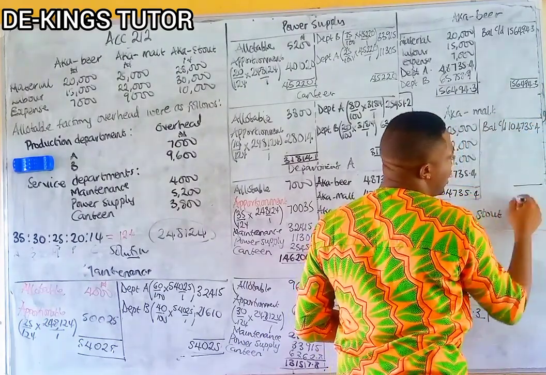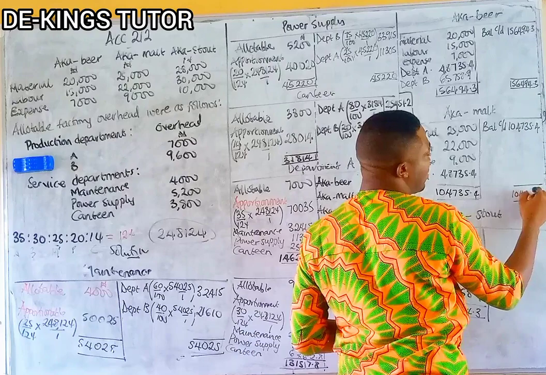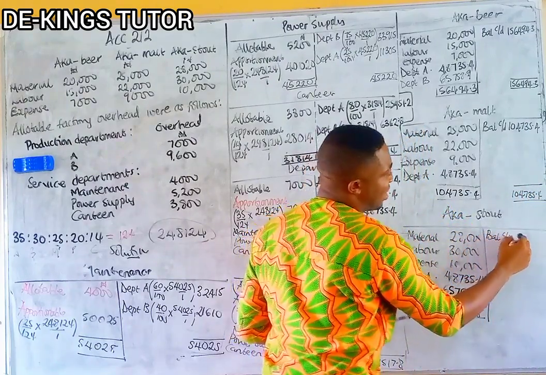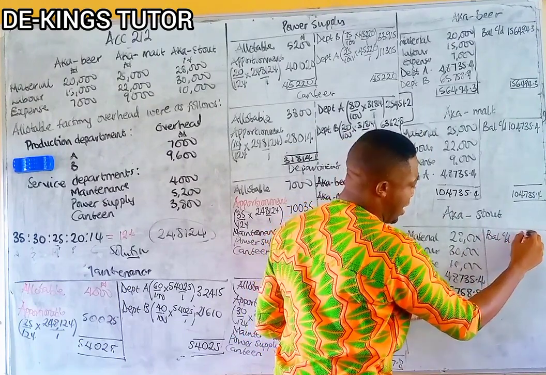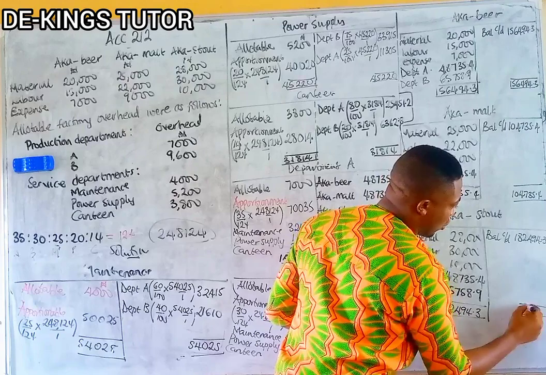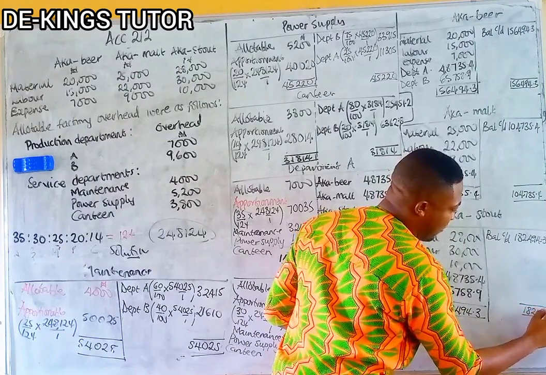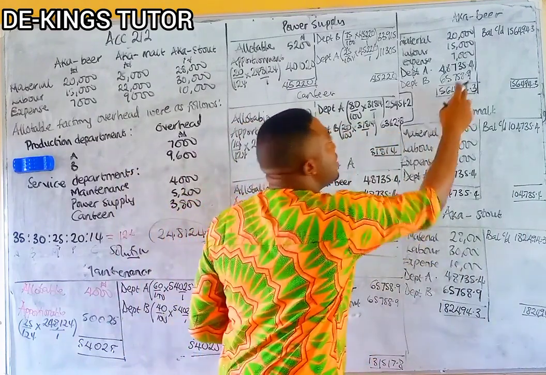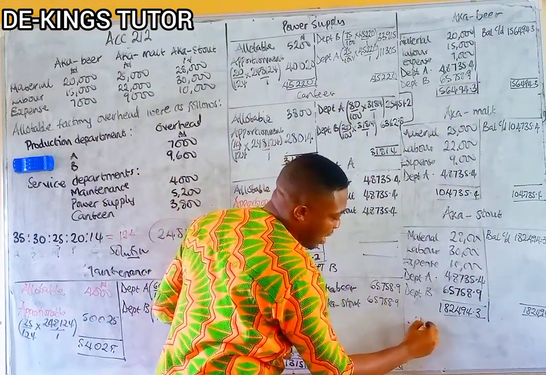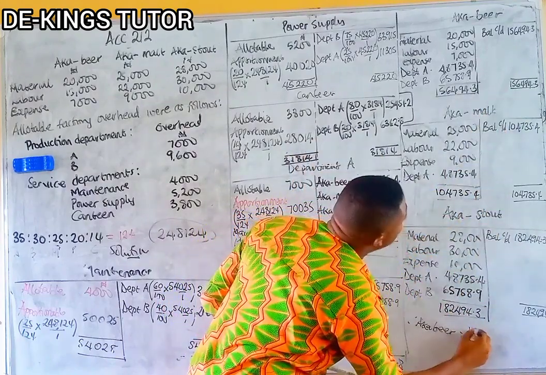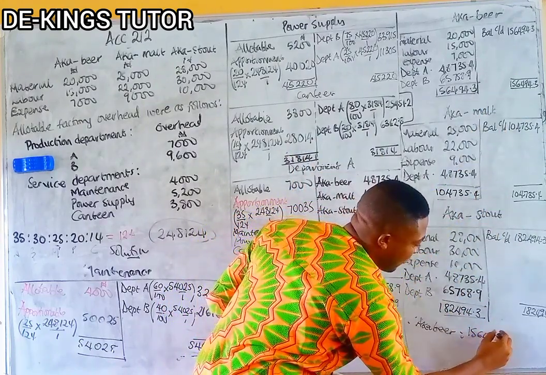Now the same thing, we have balance carried out here. 104,735.4. So this becomes the total 104,735.4. And we're having balance carried down 182,494.3. So we have 182,494.1. So now look up the cost of producing Aka beer. Aka beer, the cost is 156,494.1.